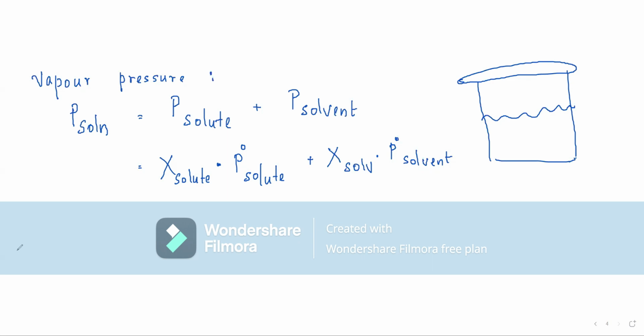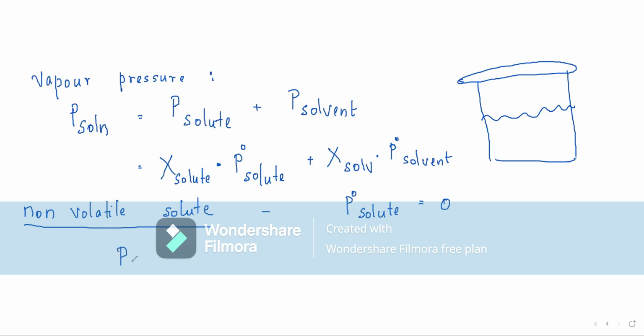Now, what if we have a non-volatile solute? What is the meaning of non-volatile solute? P naught of the solute is 0. It is non-volatile, it's not forming its vapors. When it is not forming its vapor, then there will be no pressure, right?